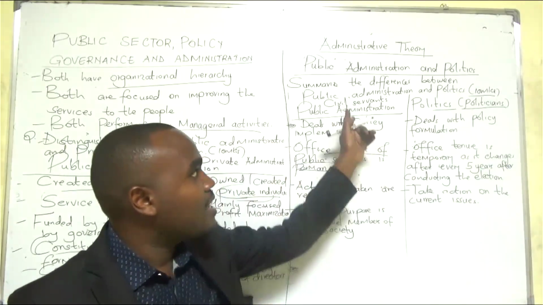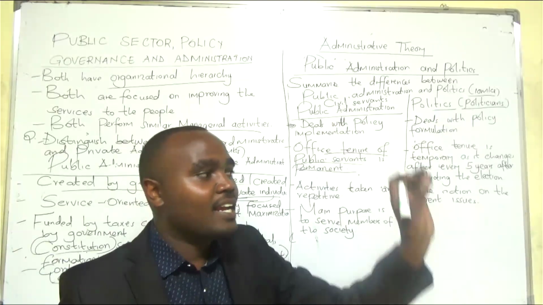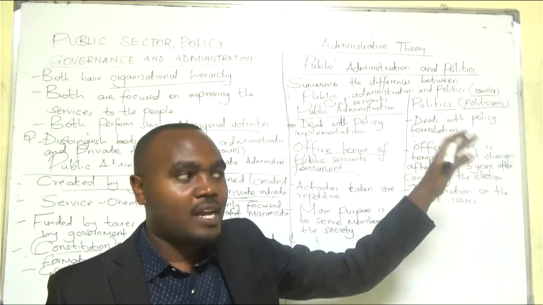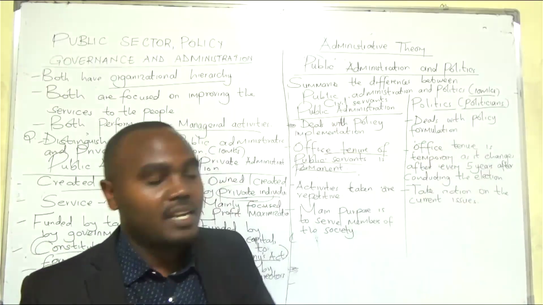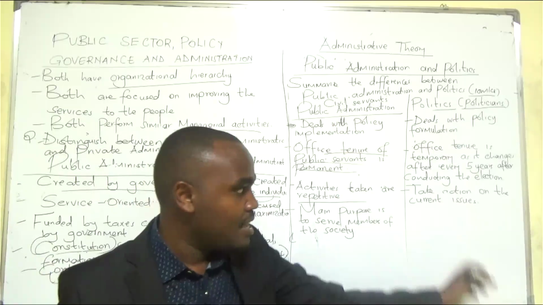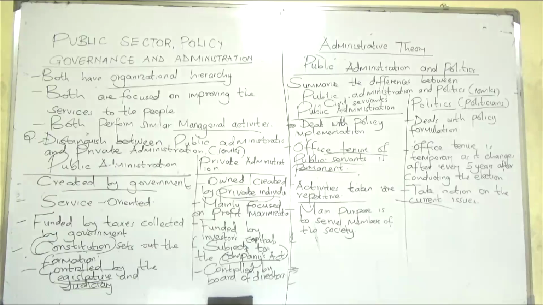So the action taken by the public administration is repetitive, but they forget what happens for the politics. They forget, and then they go to the next point. But when you draw this table, it is easier to see that on this side you have written something, but on the other side you have not. So it is very easy, Eunice, for you to answer that way. So we are saying their main purpose is to serve members of the society. What about for the politics?